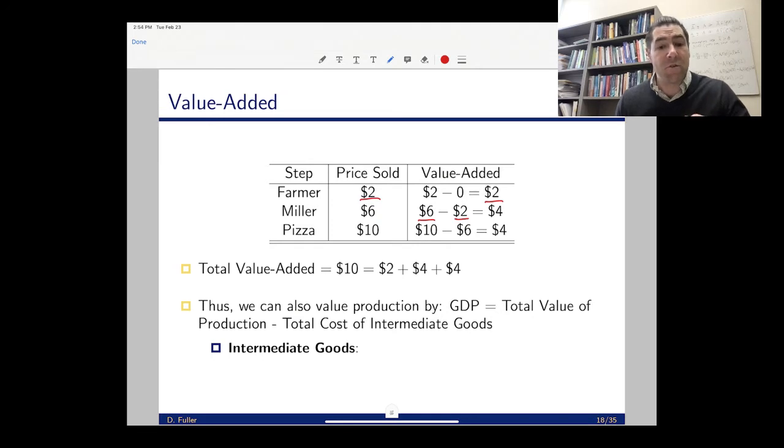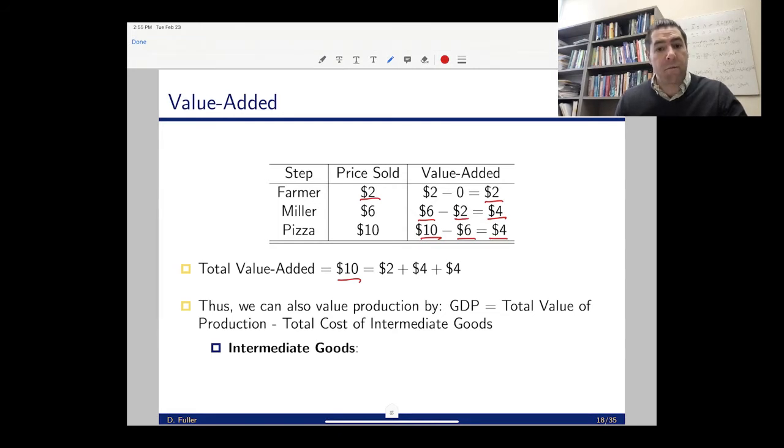So the additional value added by the miller is $4. Same thing for the pizza producer. I sell a pizza for $10. If I subtract out the cost of my goods used to make it, I end up with $4 in value added.